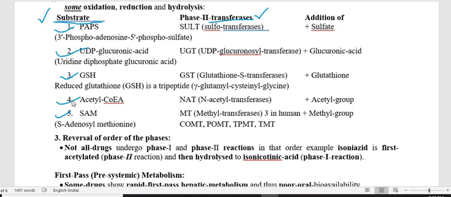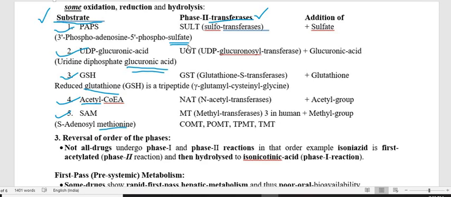And if you go through the names, you will find the name of the substrate itself has the component that gives the indication of what is going to attach with the drug. So here is the acetyl, here is the methyl, here is the glutathione, here is the glucuronic acid, here is the sulfate.